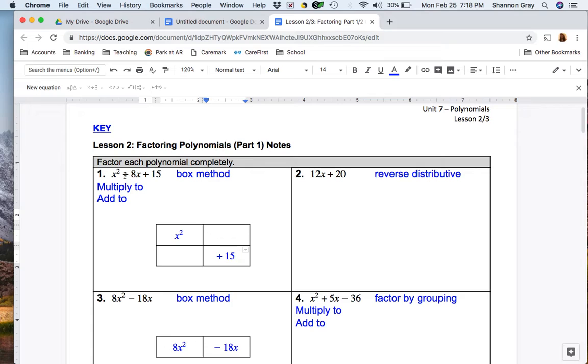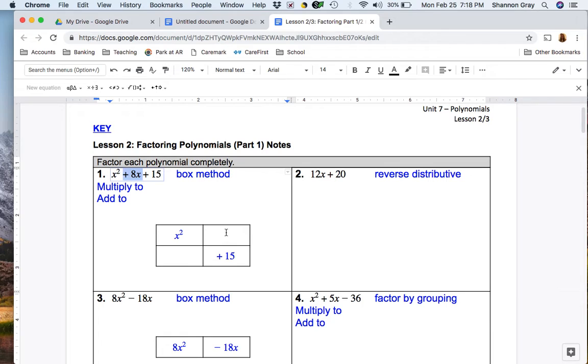So we don't know much about this 8x term because remember, when we were multiplying polynomials, that middle term came from 2 other terms. So this 8x might have been 1x and 7x, but it also might have been 3x and 5x or 4x and 4x. So we don't really know much about that 8x term.